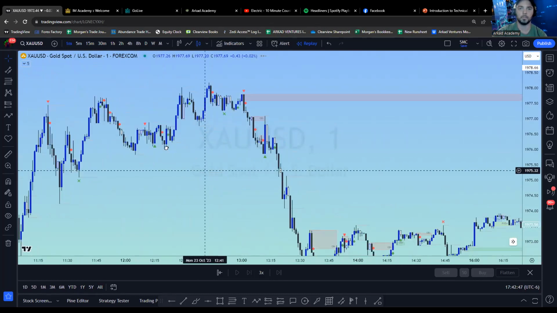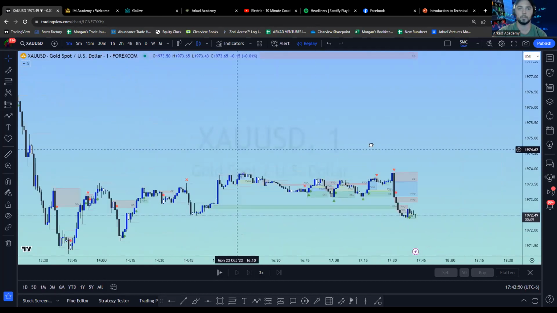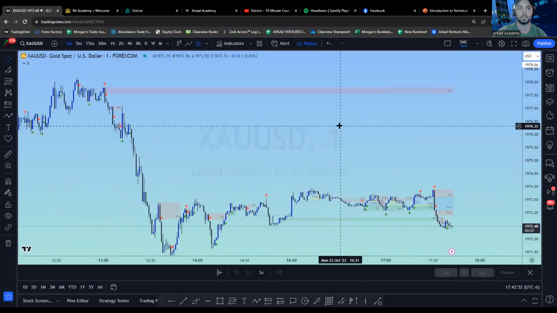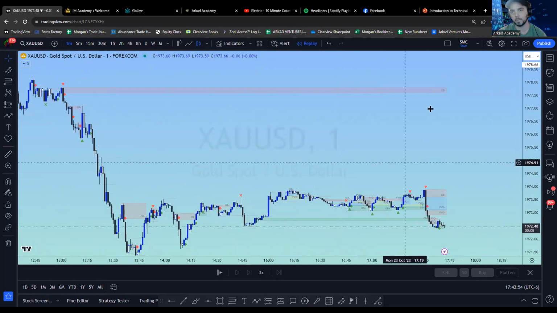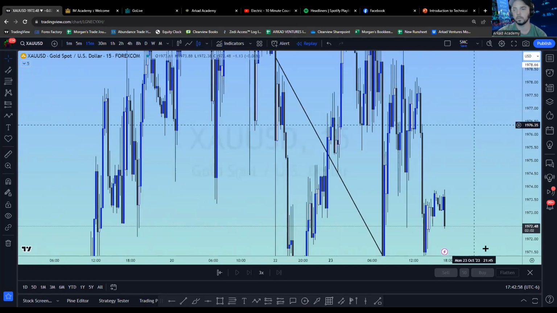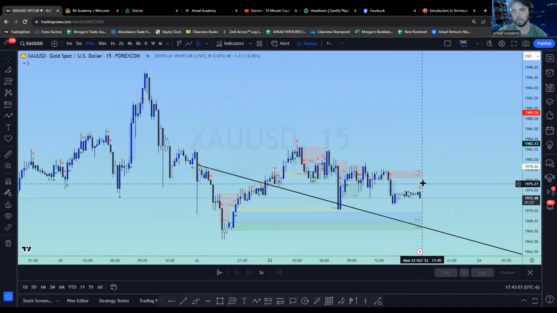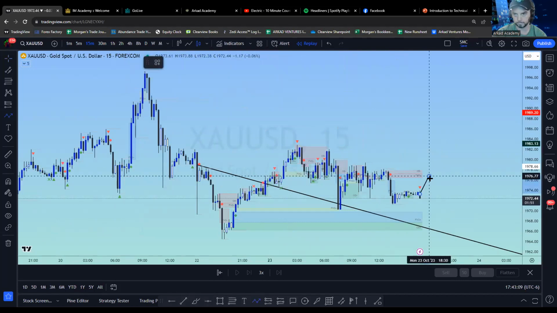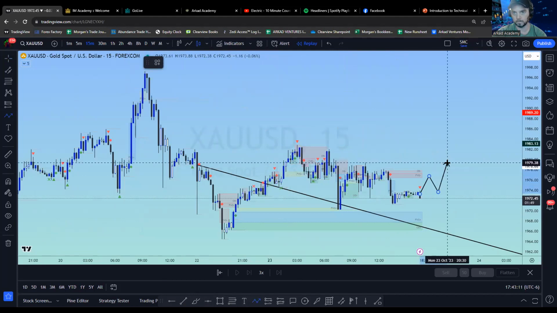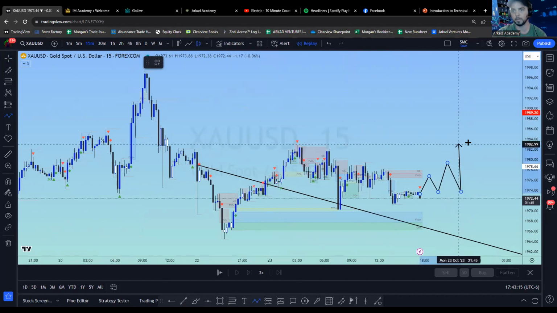So ideally, if you want to start buying this up, you want to see price break previous structure. At least come up to this area, at least come past here, and then start looking for buy opportunities.